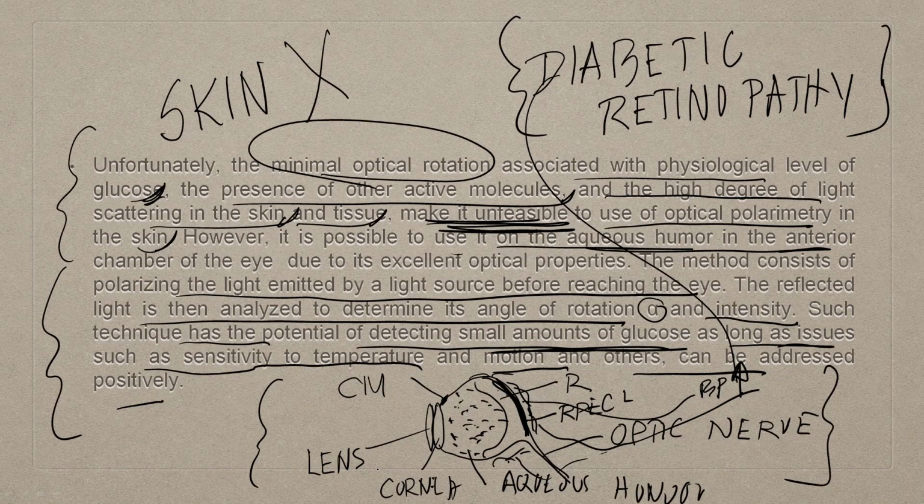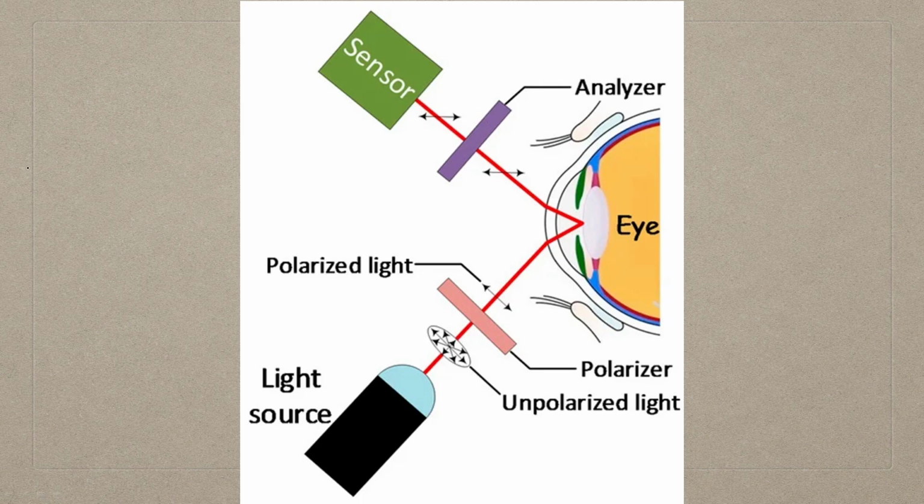While skin is challenging so far because of a lot of scattering of light, the eye is far easier. You have to throw the beam and it should be able to tell you how much glucose is present here, and that is exactly how it works.